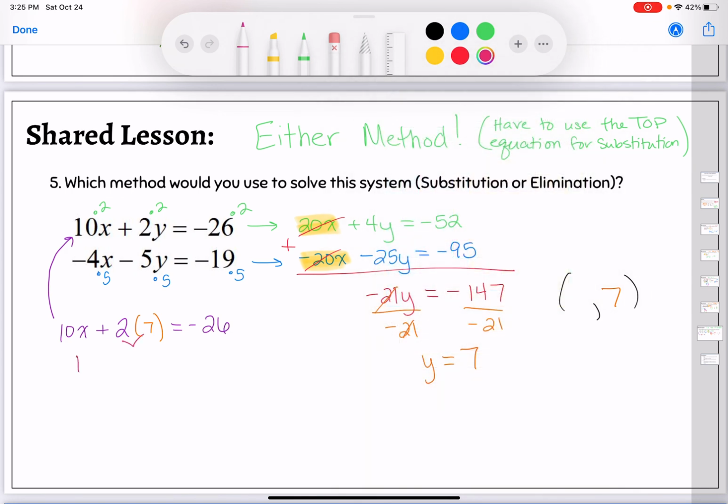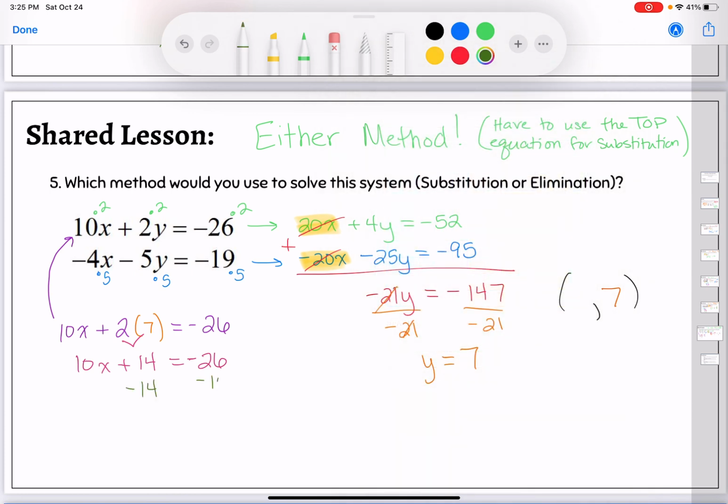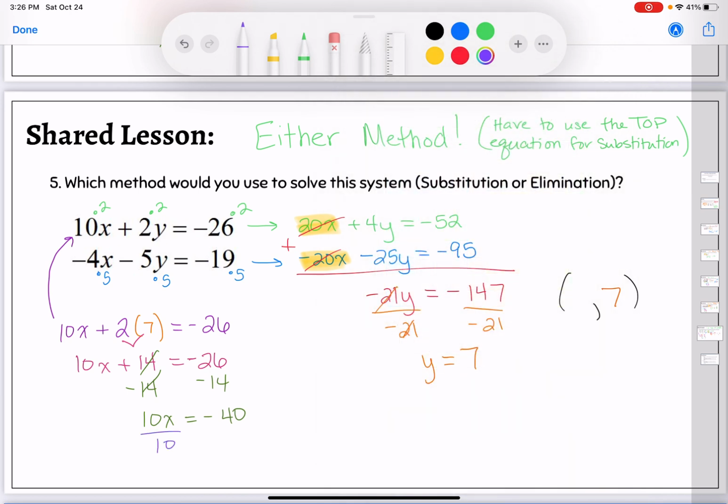Multiply 2 times 7, so I get 10x plus 14 equals negative 26. Subtract 14. I get 10x equals negative 40. And divide both sides by 10. And I get x equals negative 4.